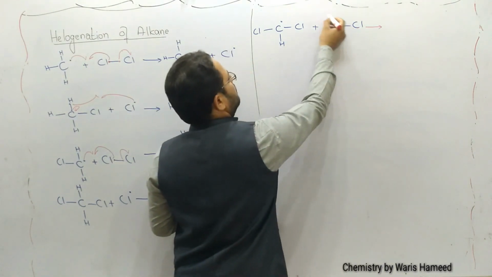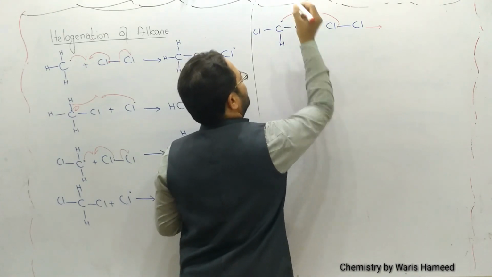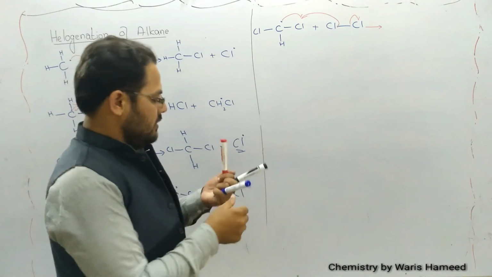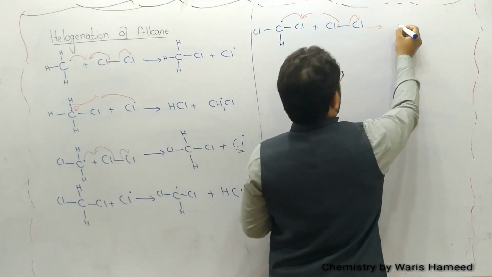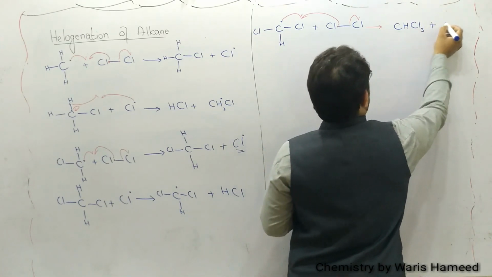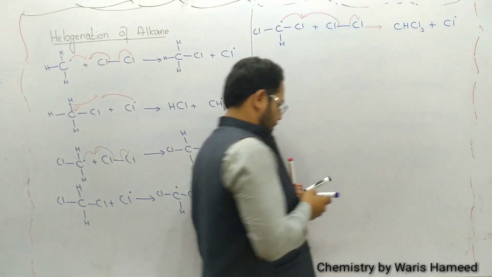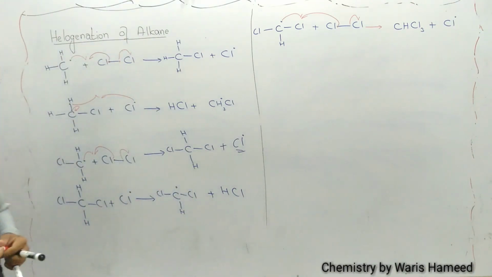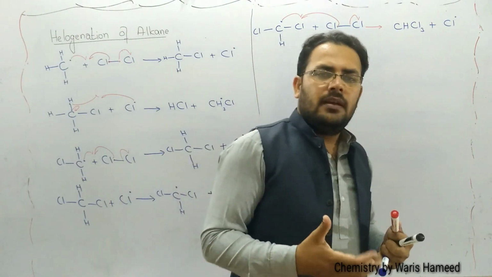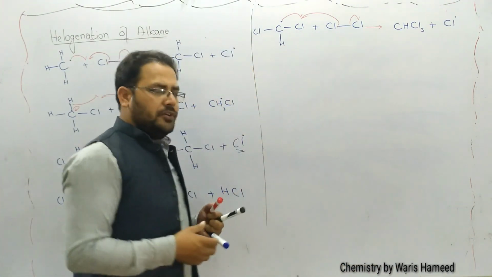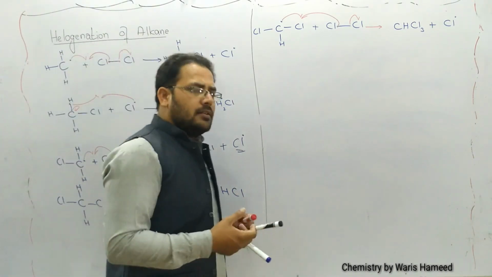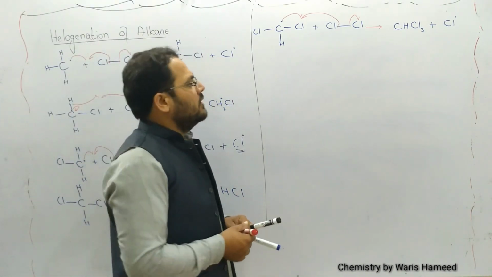This electron will come over here and this electron will be here, and it will form a chlorine radical. CHCl3 and Cl radical. CHCl3 is chloroform. We know that it's an important solvent and is nowadays being used in different drugs or medicines, and it is also being used in the lab as a reagent.